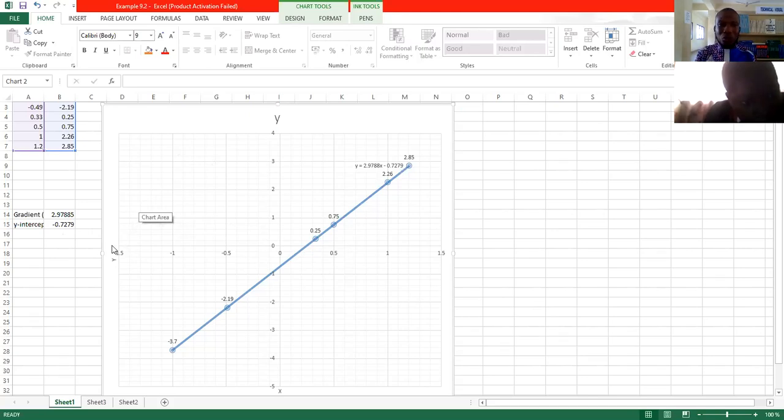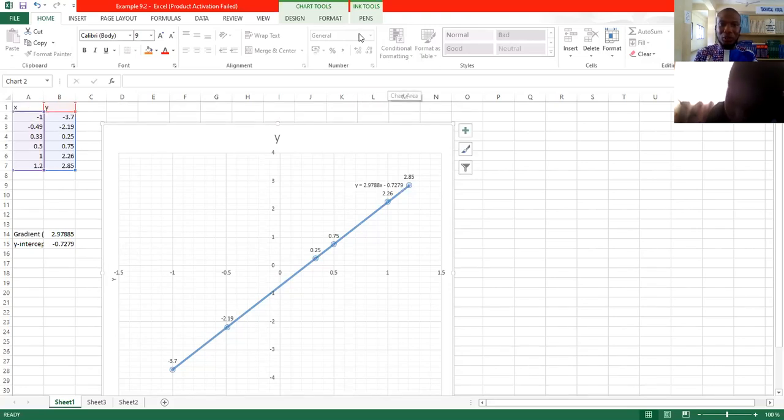So to three decimal places, you have negative 0.728. So that is what we should have for now. Let's go back to the board and do the calculations.